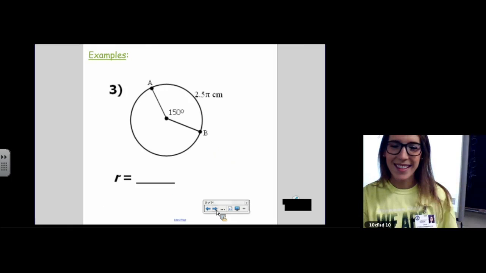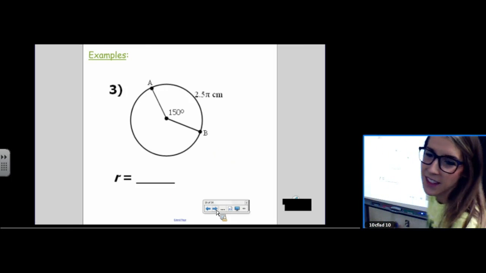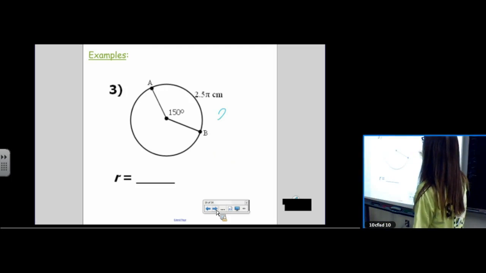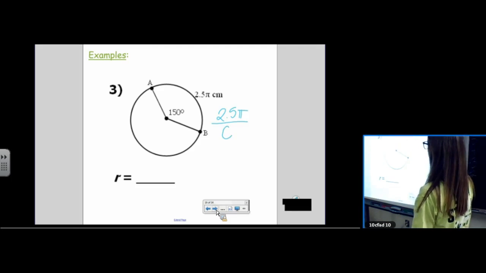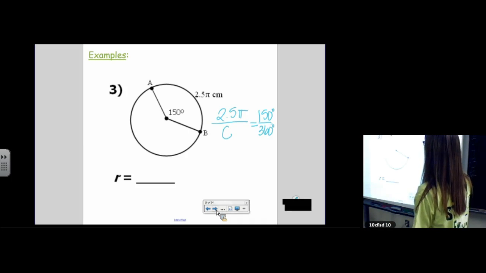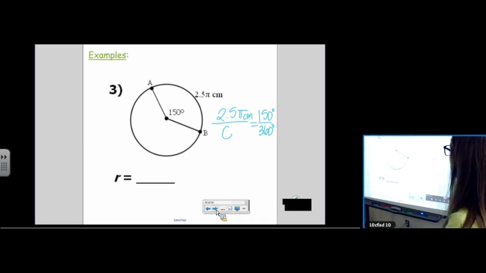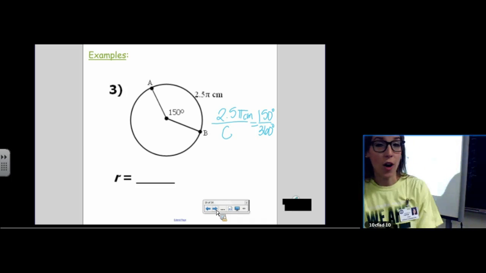Okay, let's try one more. L over C, I think that's what I'm missing because I don't know C, equals M over 360. I'll be thorough here. We're not going to find R right away.